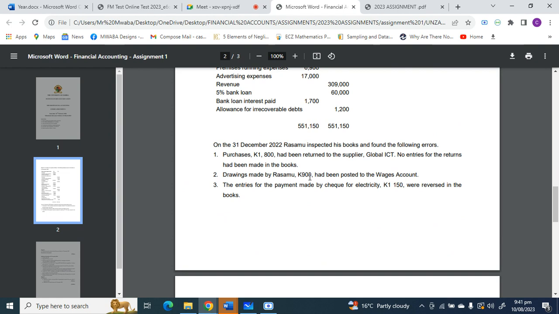It reduces capital. Whenever you do any drawings, you debit drawings and you credit cash.